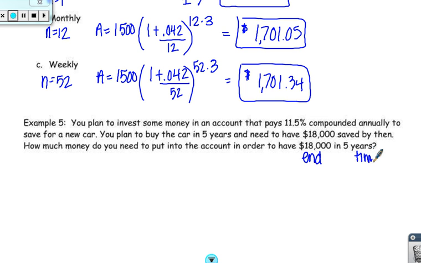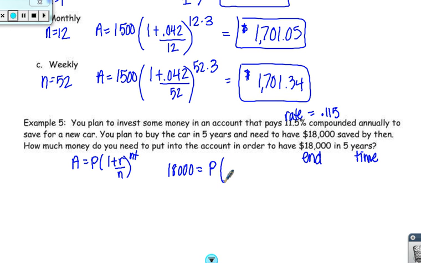5 years is my time. I have a 5-year plan. I want to have this much money at the end of 5 years. I know that I'm going to get 11.5% as my rate, which is 0.115. I don't know how much I start with though. So out of this formula, I am looking for my P. I'm ending with $18,000.